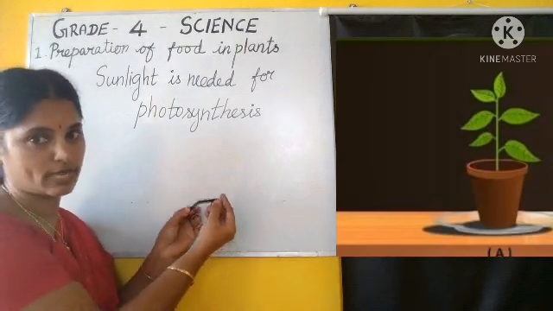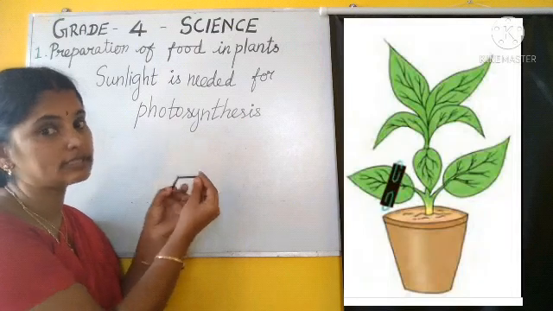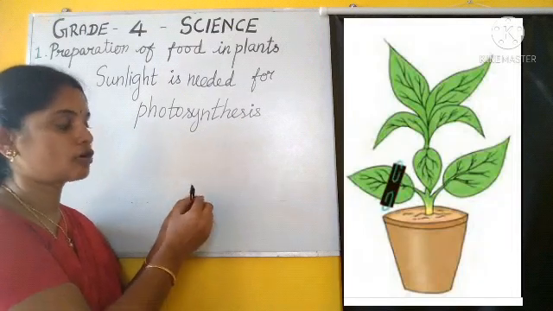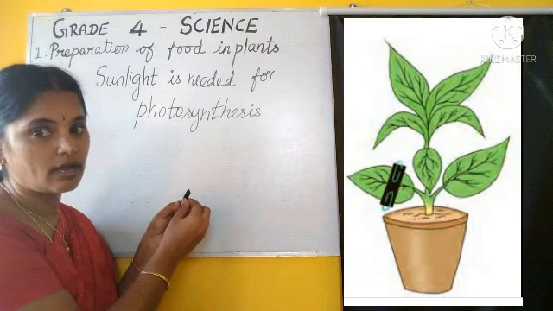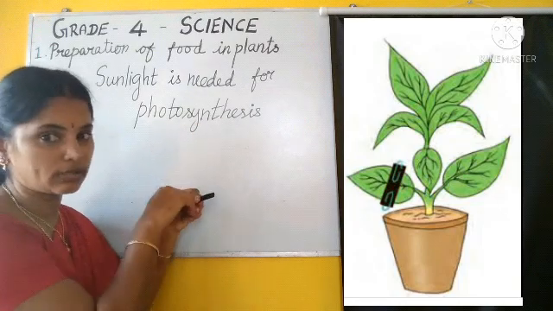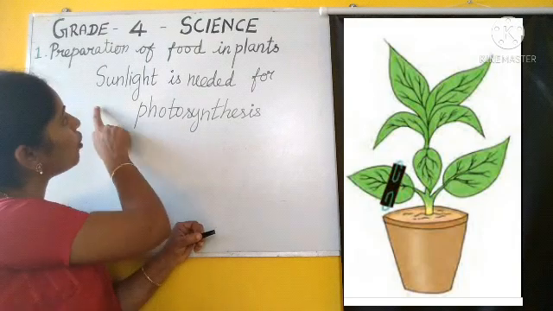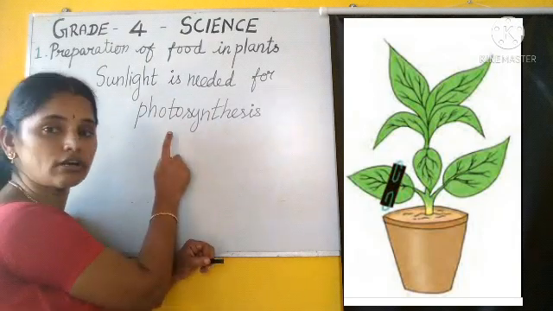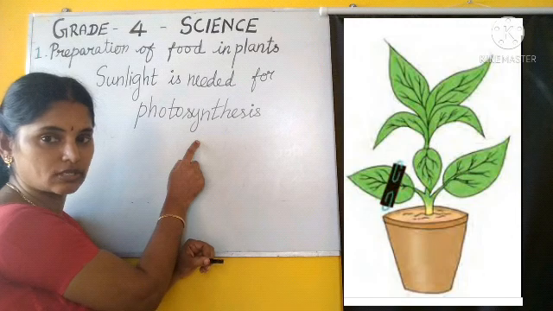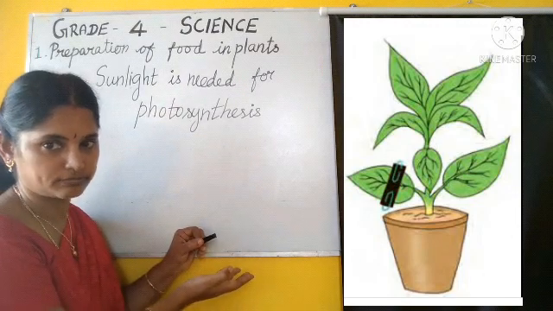Why black? Because black color doesn't allow the sunlight to enter. Why are we doing this experiment? To show that sunlight is needed for photosynthesis. So we are doing the starch test.